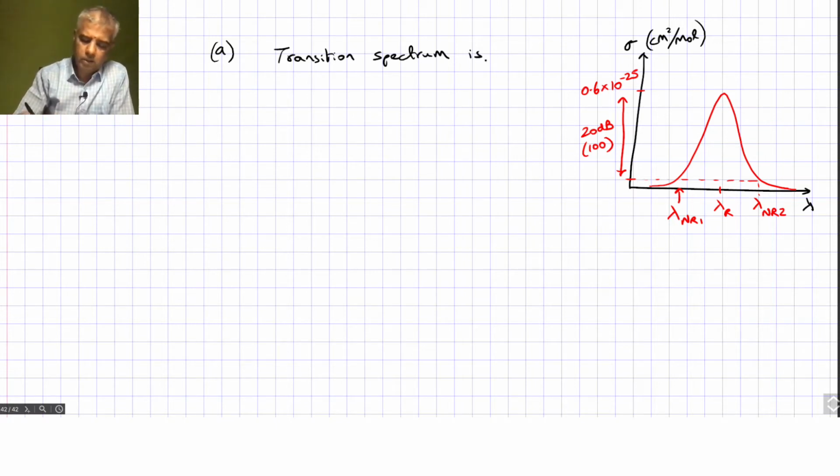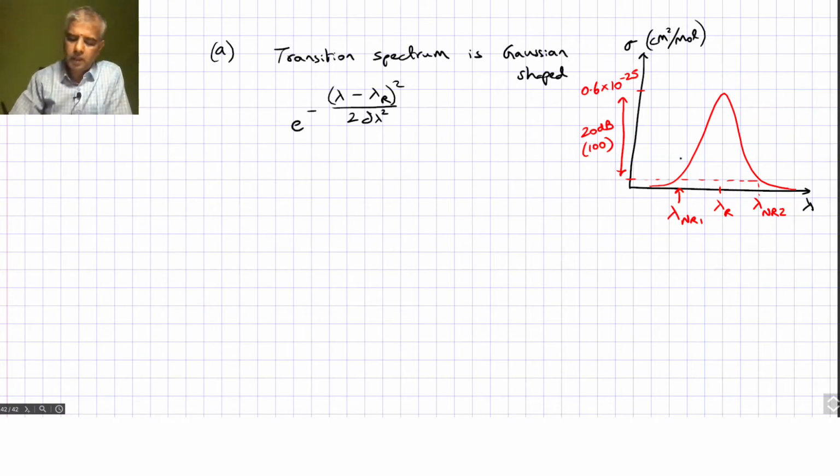So we can write this spectrum as e power minus lambda minus lambda R, the whole square, divided by 2 times delta lambda square, where delta lambda would correspond to the RMS width of this transition.